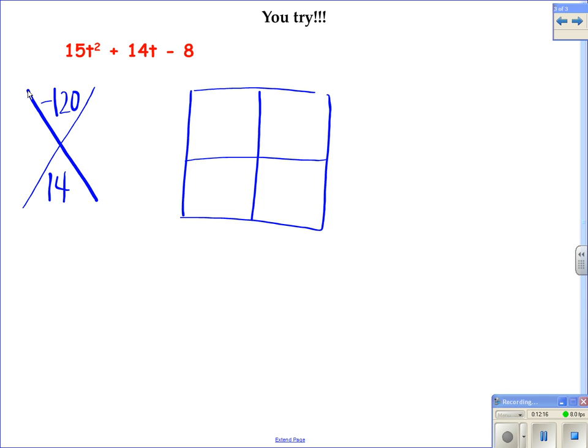So again, the hardest part about this process is just finding these two numbers. My suggestion on finding it is taking your 120 and just starting with 2 and dividing by each number until you get a pair of numbers that give you that bottom number. It's the fastest way to find it. Does that one work? Okay.